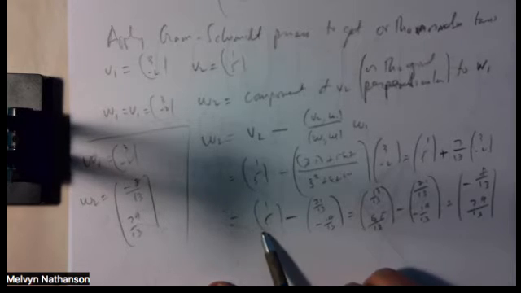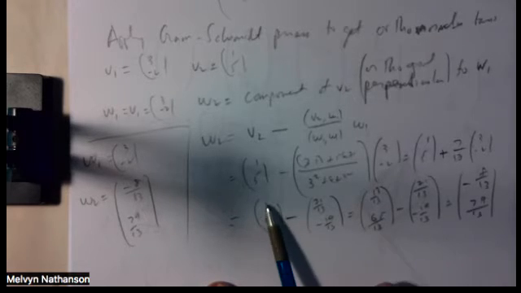And (1, 5), if I put this over the denominator of 13, this is 13 over 13 and 65 over 13.